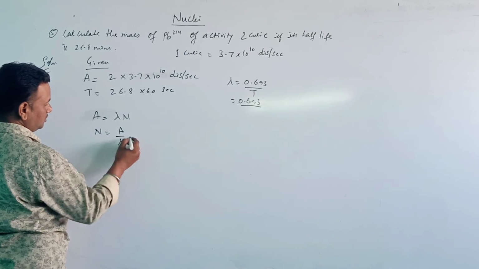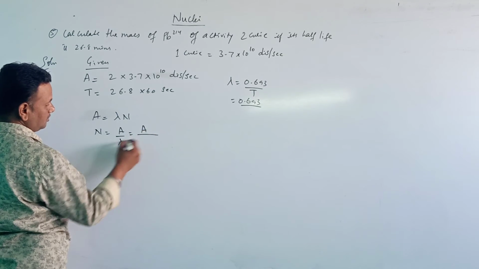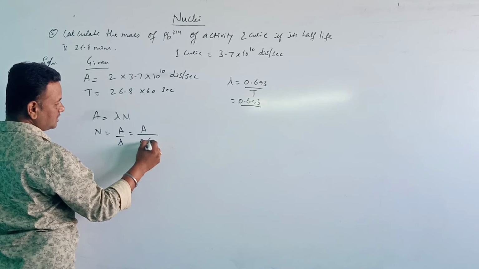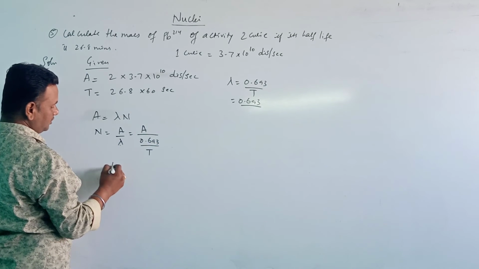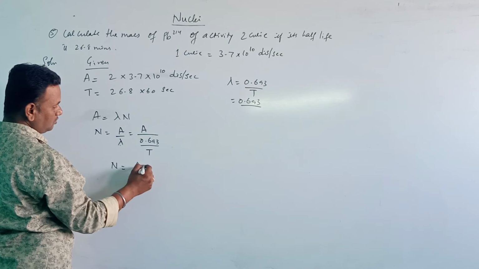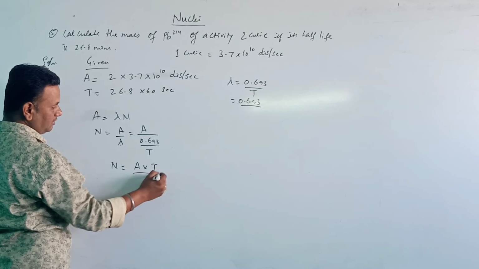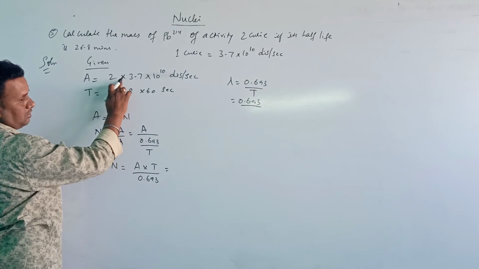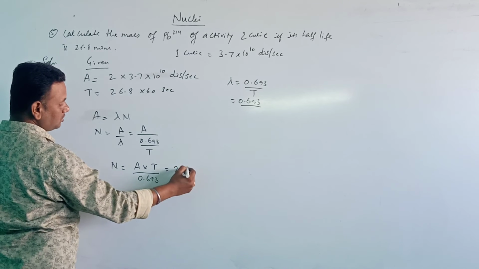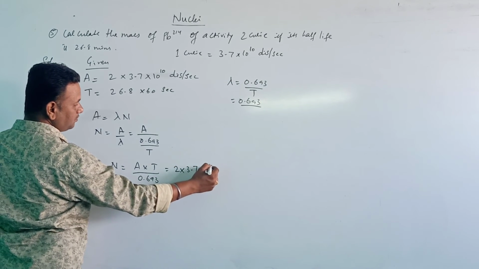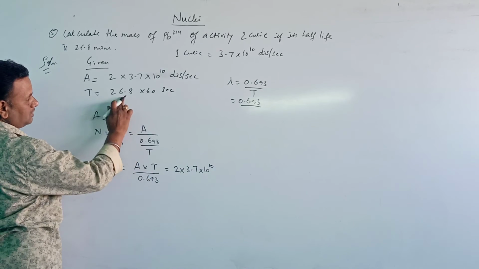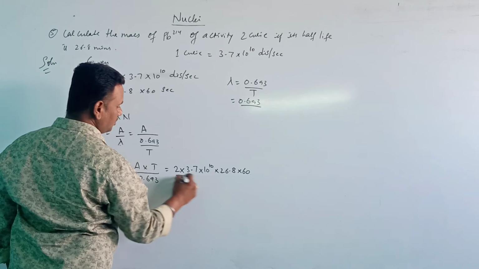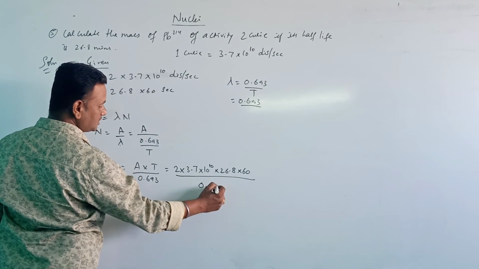So lambda can be written as 0.693 divided by t. N is equal to A into t, where t goes to the numerator, t divided by 0.693. A means activity, so 2 into 3.7 into 10 to the power of 10. Half life is how much? 26.8 into 60 whole divided by 0.693.